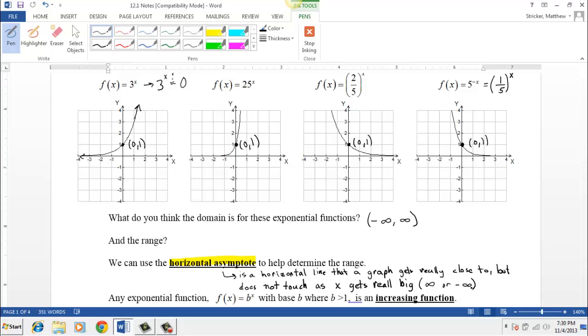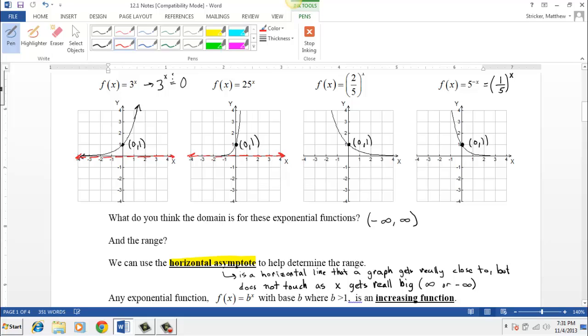And so what we really have here is, let me draw it in red here, this horizontal asymptote. I'm going to draw it as a dashed line. Usually asymptotes are drawn in red. We have it on all four graphs.